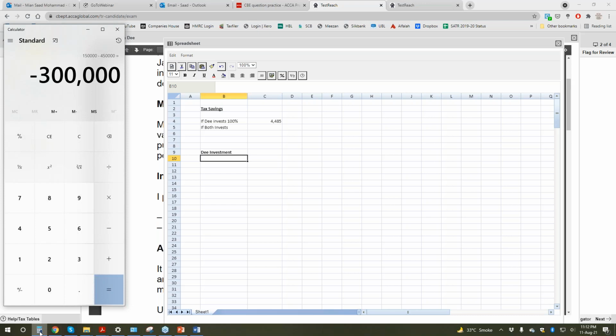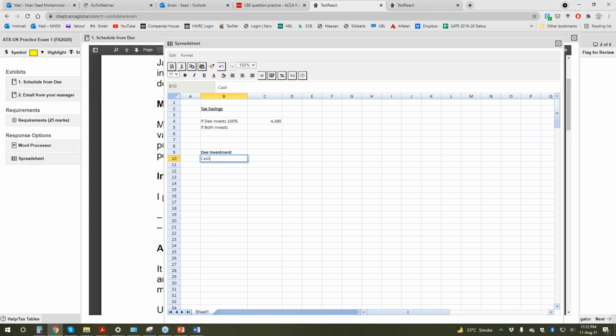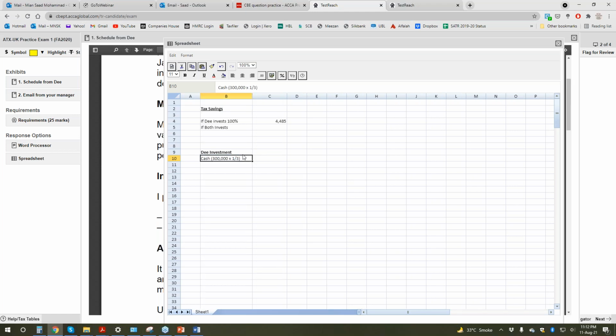So what will be the cash amount? Let's check. Cash, she will invest 300,000 times 1 by 3 into cash, and the return I guess was 1% on cash.